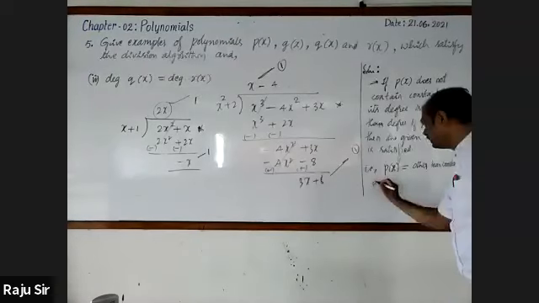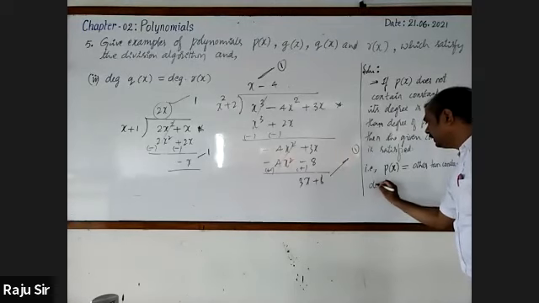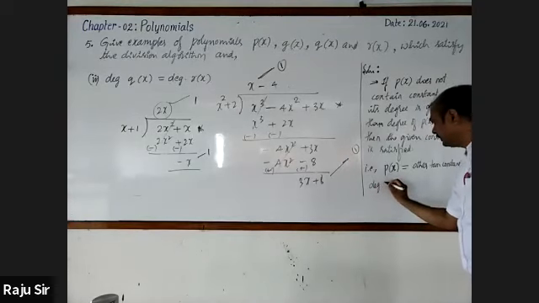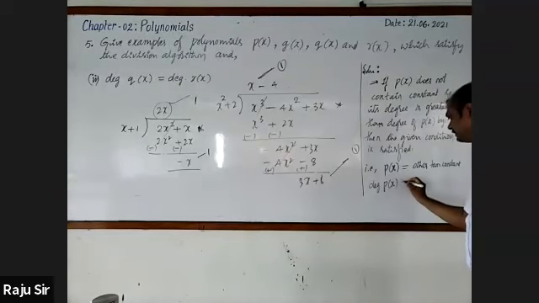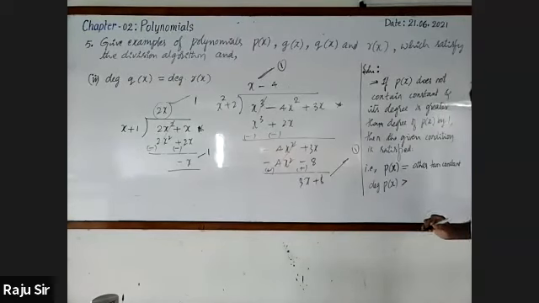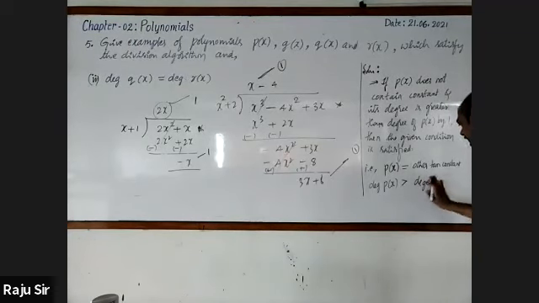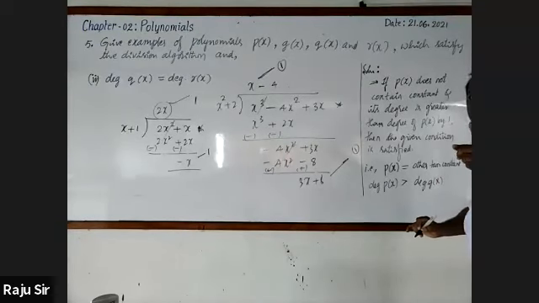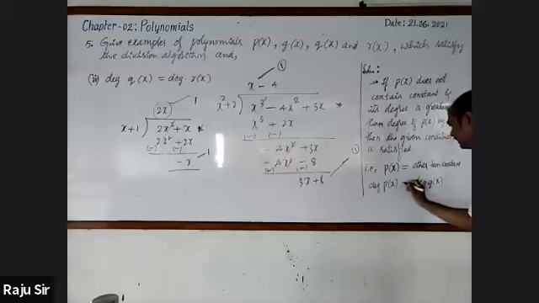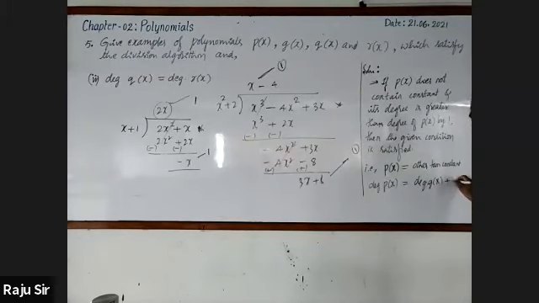Then the degree of p of x is greater than g of x; degree of g of x by how much? 1. That is, degree of p of x is equal to degree of g of x plus 1.